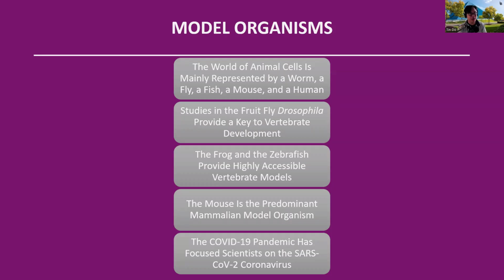Anyway, so model organisms. The world of animal cells is mainly represented by a worm, a fly, a fish, a mouse, and a human. For insects or for other studies, the fruit fly, Drosophila, provides a key to vertebrate development. Again, understanding how development occurs through protein concentration, expression, etc. The frog and the zebrafish provide highly accessible types of different vertebrate models.